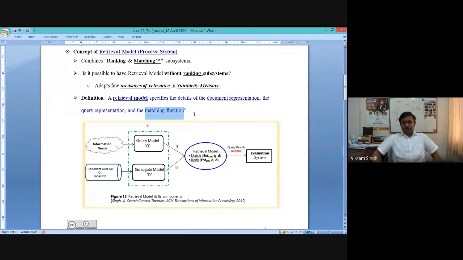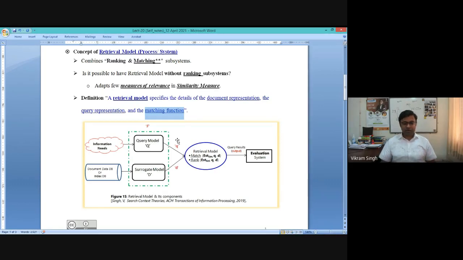A retrieval model does not have only the ranking or matching process or algorithm. It will always have the query and data representation inside the definition, right? The reason is that whenever you want to run an algorithm, you should have compatible, or similar types of, inputs.